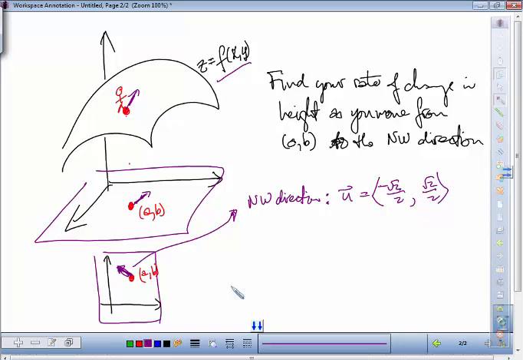So the answer to this is your directional derivative at the point (a, b) with this as your direction. Okay, so that's the visual involved.